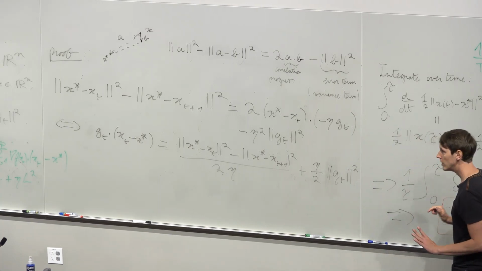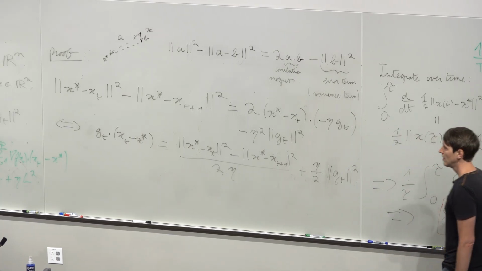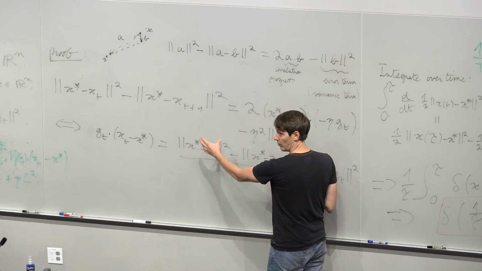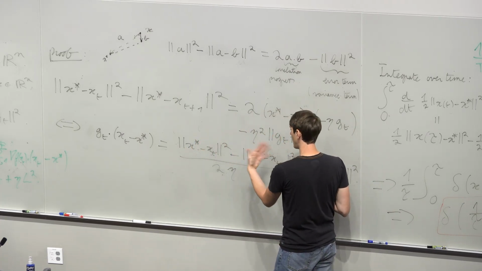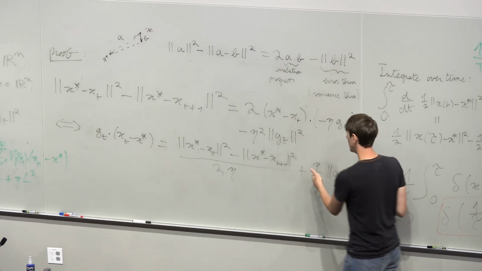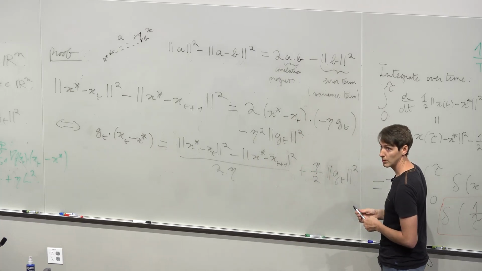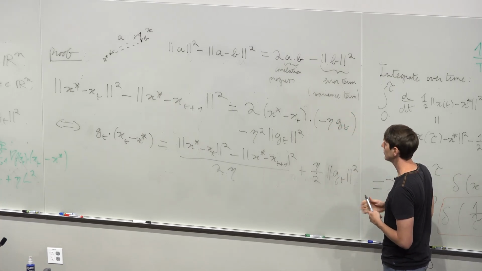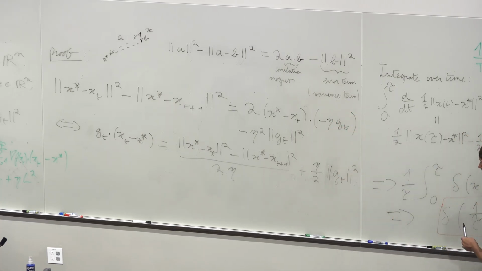There's no inequality. So when I sum over time, this is a telescopic sum. I will just get the first term minus some term at the end, which I can just ignore. And here I get the sum of the norms of gt squared. So this is the proof of gradient descent. You see, it's really one line, which is why usually we don't go through this part.